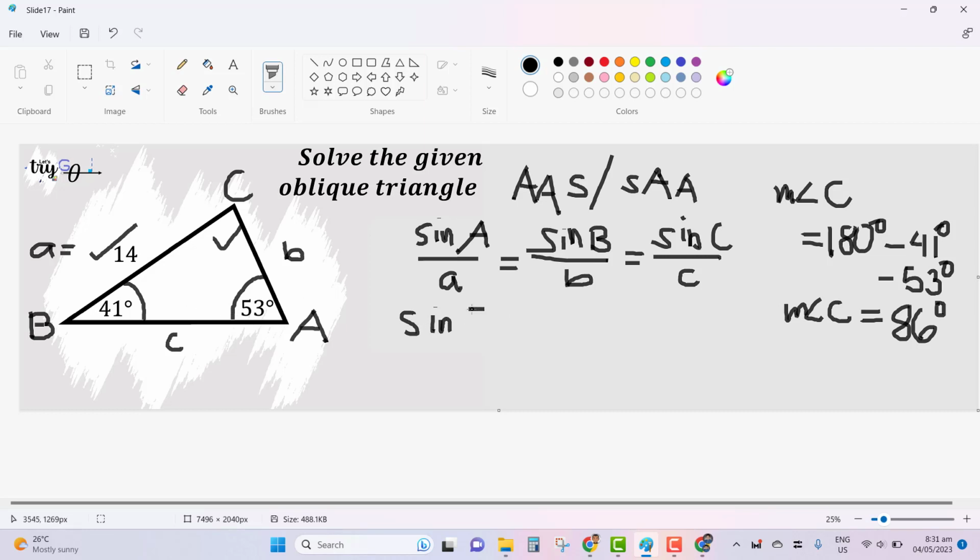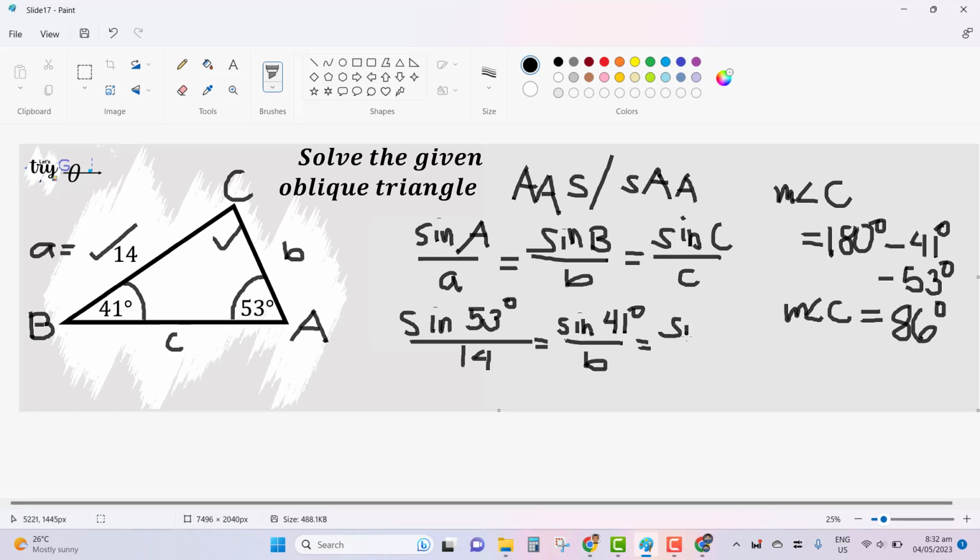So sine of angle A, 53 degrees, over side A, which is 14 units, is equal to sine B, which is 41 degrees, over the first unknown.